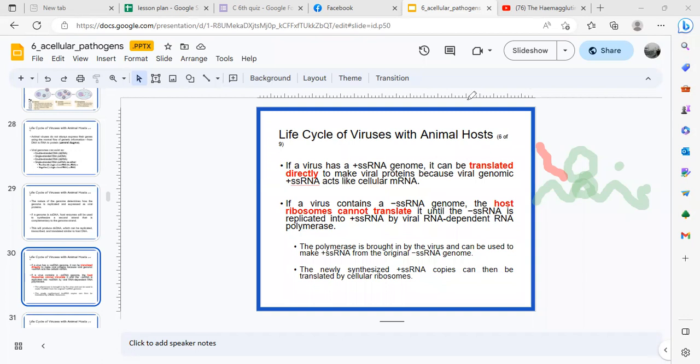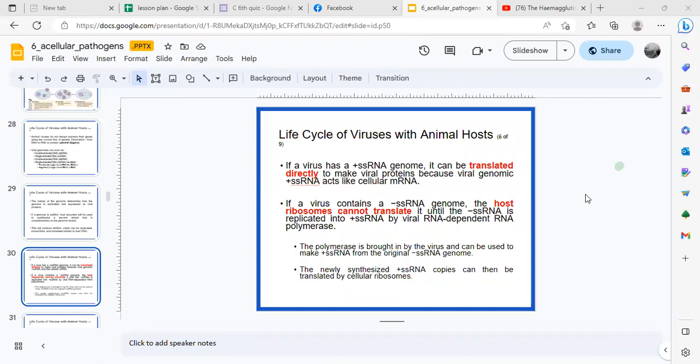Pero hindi possible yan for negative. So yung negative, iba yung genetic code niya. So yung positive, iba yung genetic code niya.